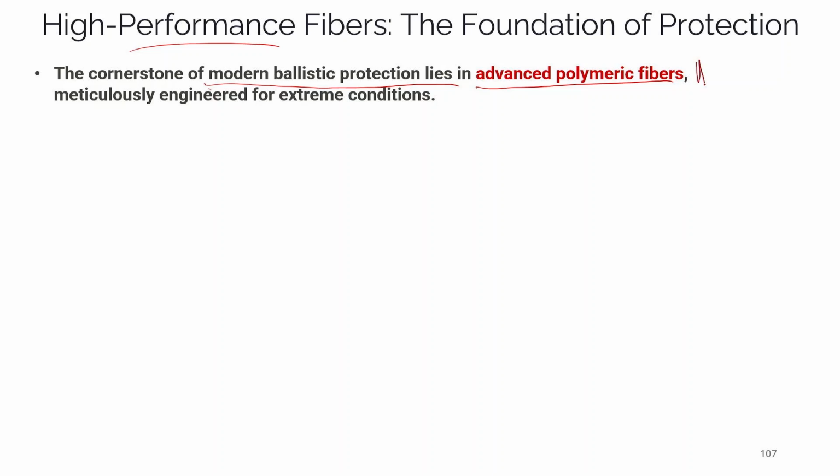If we do not use advanced polymeric fiber, but normal fiber, we cannot have ballistic protection. And after this polymeric fiber is generated, then we have to engineer the structure meticulously for extreme conditions. So, one is the advanced polymeric fiber we have to use, then we have to design the structure.